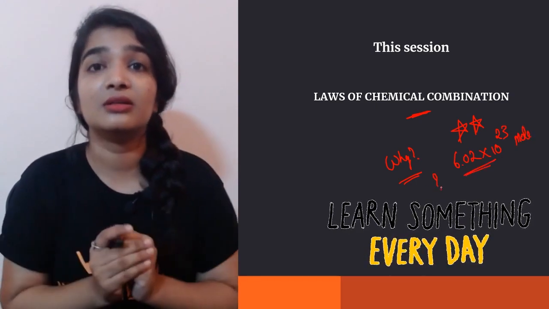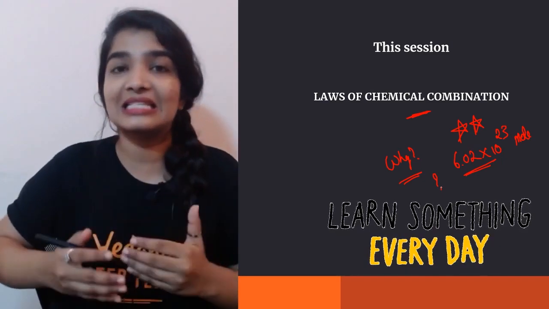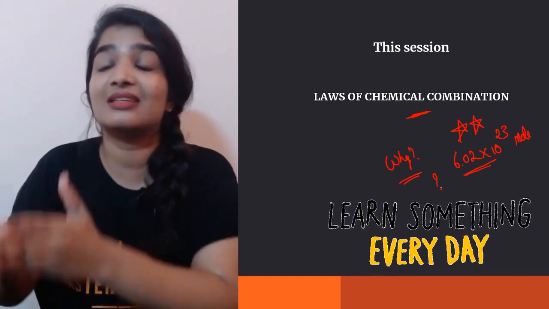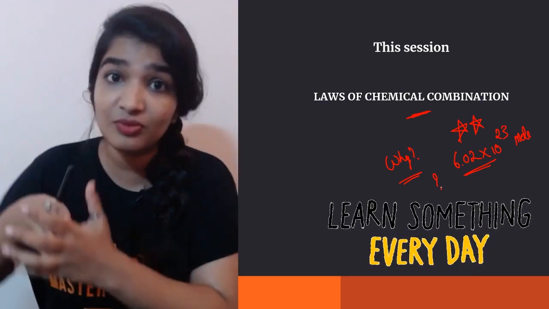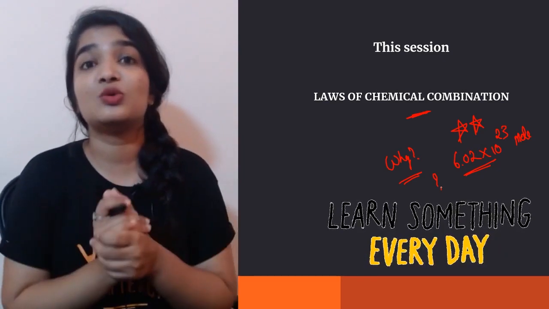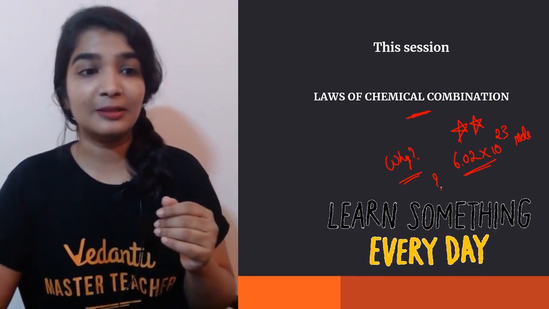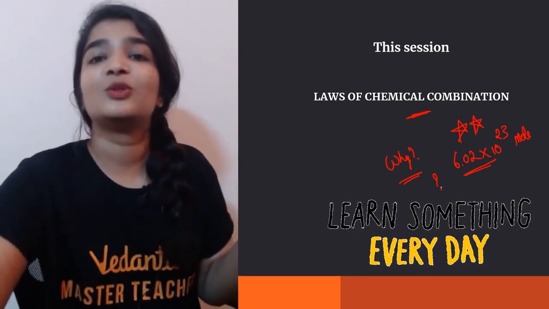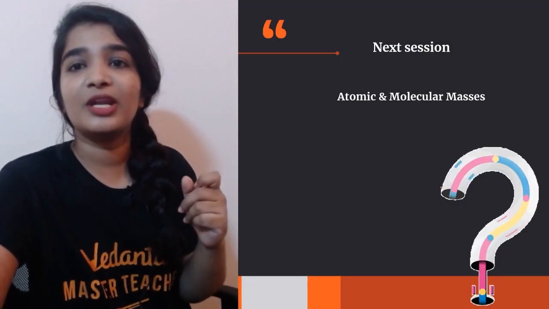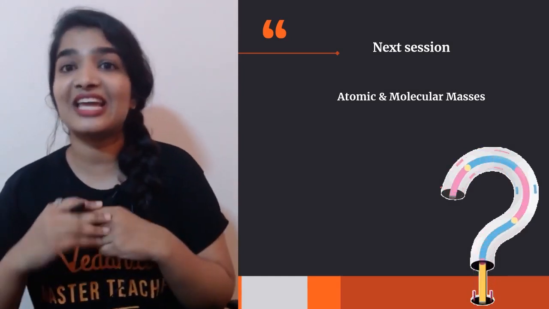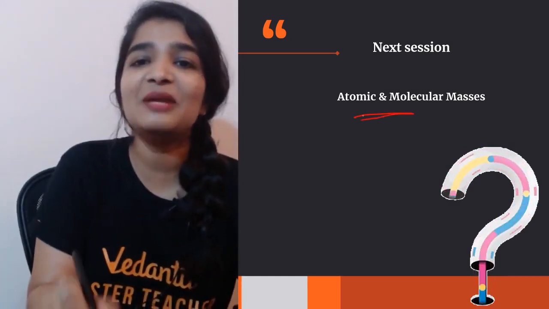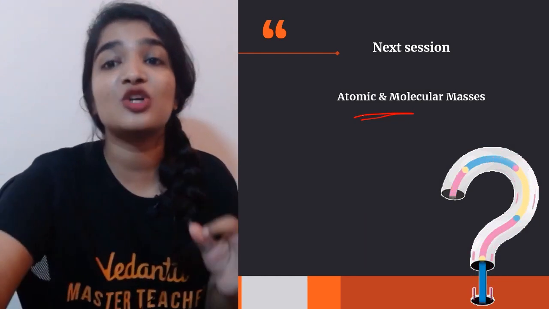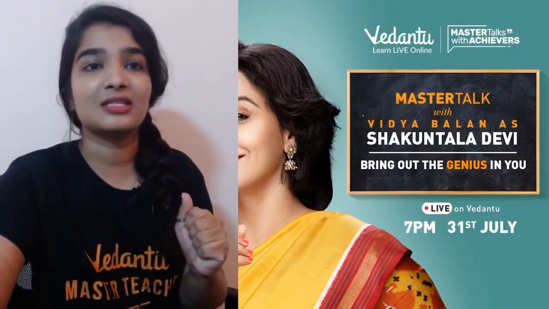Now you know the reason, right? When you know the reason behind why it is taking place in this way only, then it will be very easy to understand. So I really hope this session helped you to understand the reactions in a better way. So we learned about the laws of chemical combination, and in the next session, very important, we'll be studying about the atomic and molecular masses.